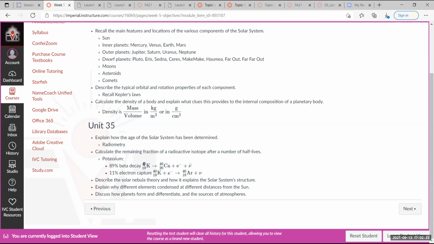Potassium, for example, is a good example that you can use to date any material that has it. So this is what potassium undergoes. Two possibilities. One, for the vast majority of the times, 89% of the times, potassium isotope 40, which has 19 protons in it. That is what potassium is, 19 protons. And this isotope has 21 neutrons.